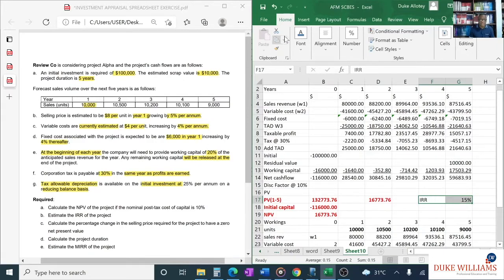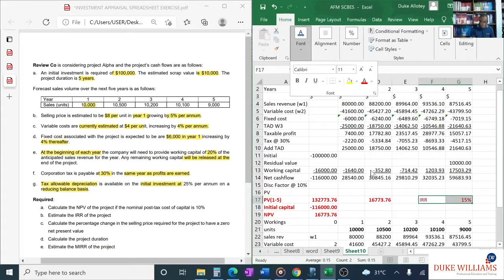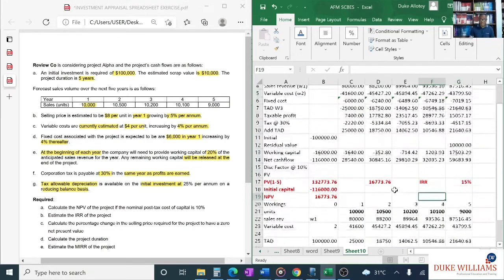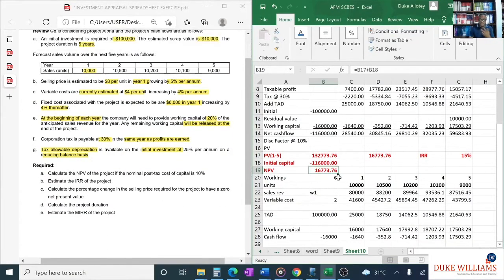Let me keep that as red. So yes, 15% for the IRR. So you see, A and B are answered. I have my NPV as 16,773, IRR as that, and that comes out beautifully.